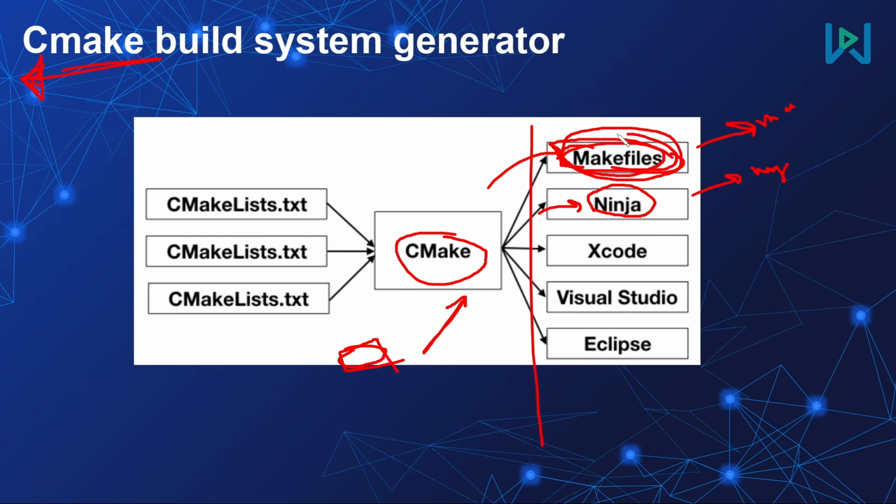Based on this input, CMake will generate either makefile backend files or Ninja ones. The makefiles will be parsed and executed by Make, and the Ninja ones will be parsed and executed by the Ninja build tool. So even the execution using Make or Ninja is automated by CMake.